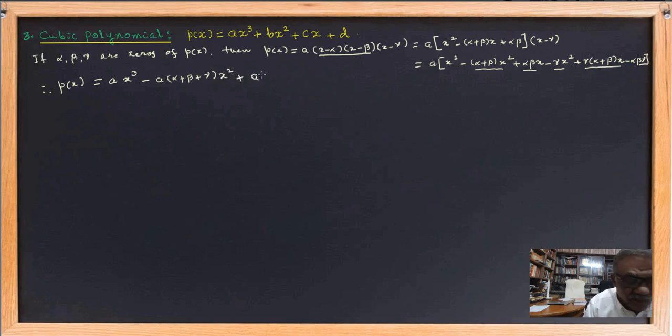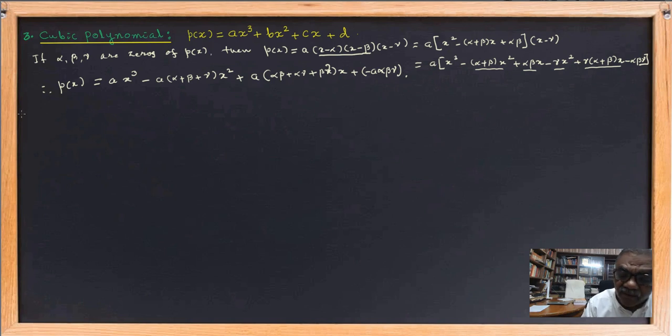Plus a into, and these are going to be the zeros taken, the sum of the products taken two at a time, alpha into gamma plus beta into gamma, into x, plus minus a into alpha beta gamma.